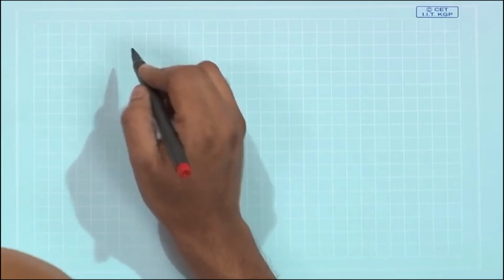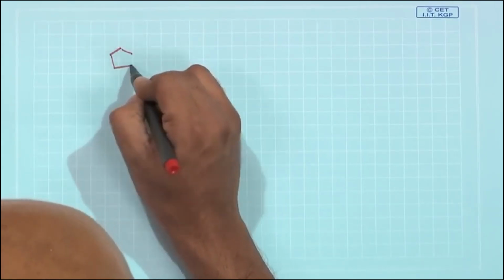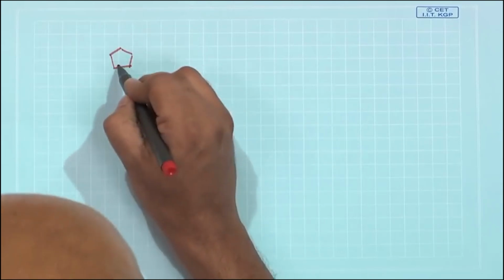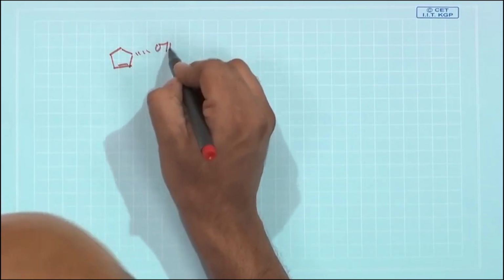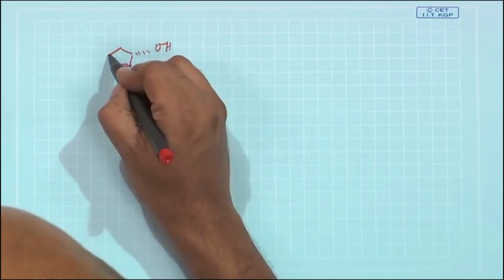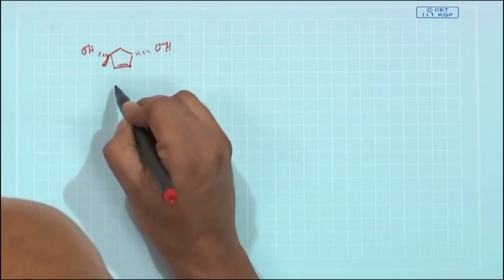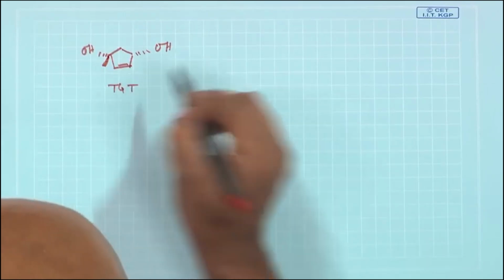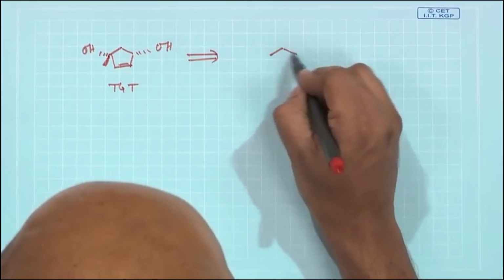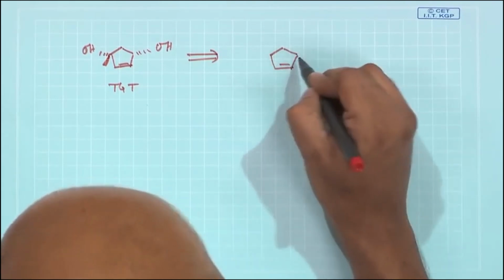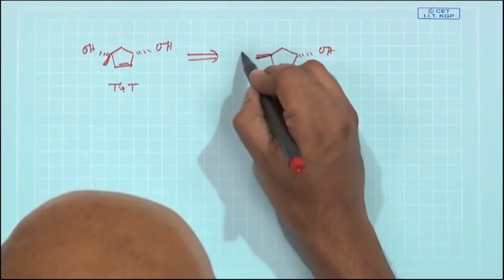So, as we are discussing several problems, the next problem, which is again based on protecting group chemistry, has a target molecule given to you something like this. The structure of this target is a cyclopentane based compound, and you will find the structure is basically this.